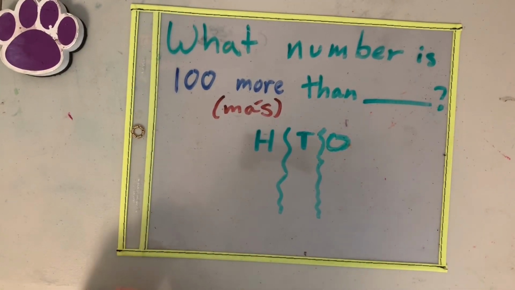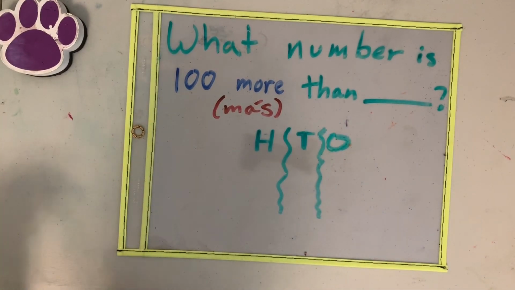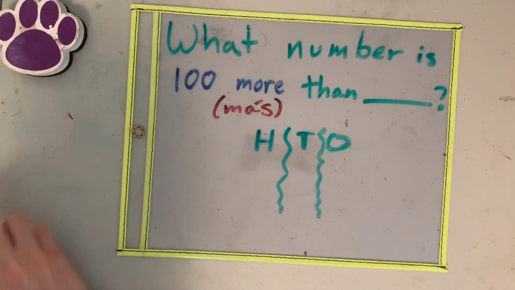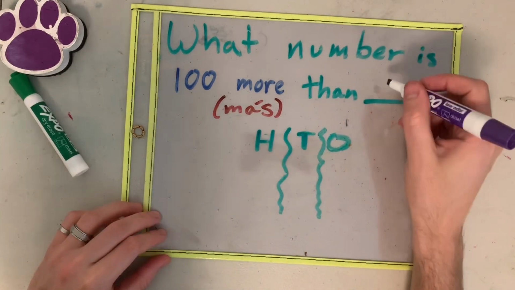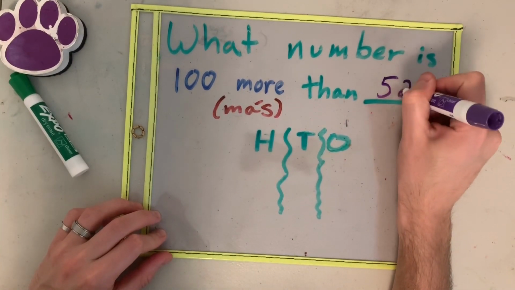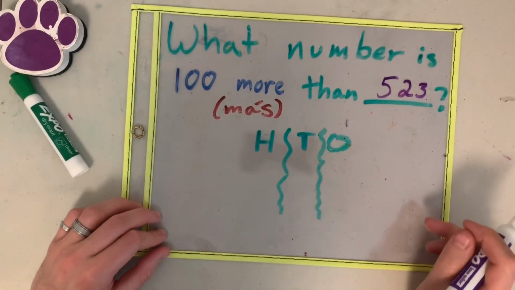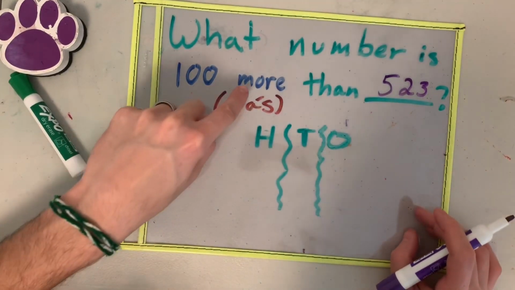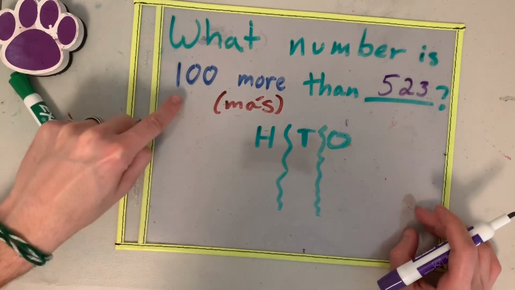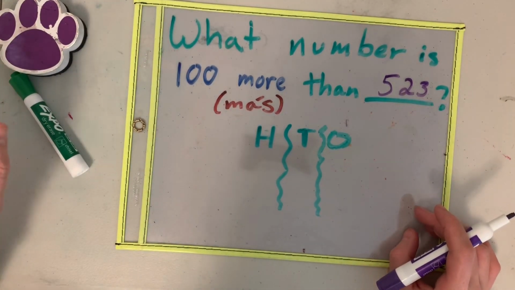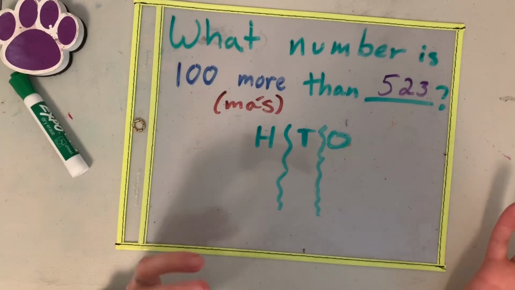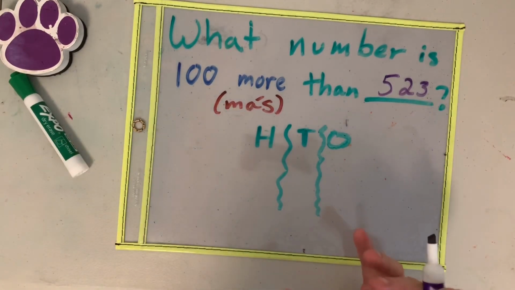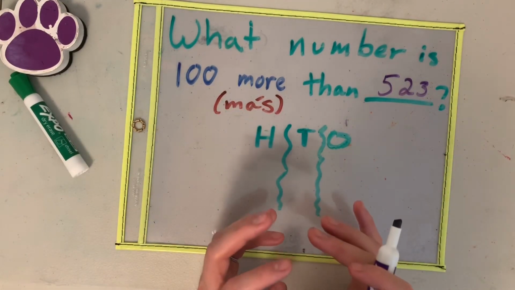So the question says, what number is 100 more than 523? This is my number. Remember that yours is a different number. So we're talking about more, más. Remember that this past week, we already talked about 10 more, 10 less. Now we're doing 100 more and 100 less.